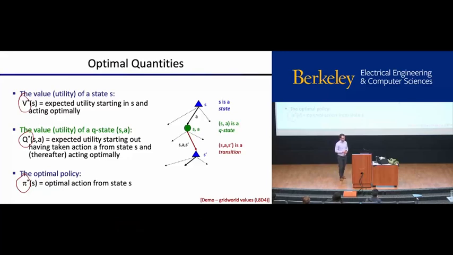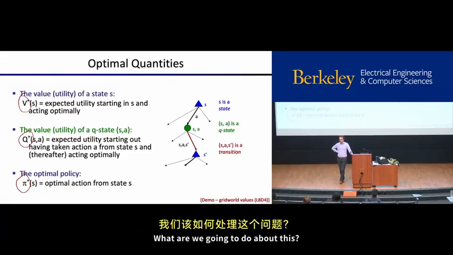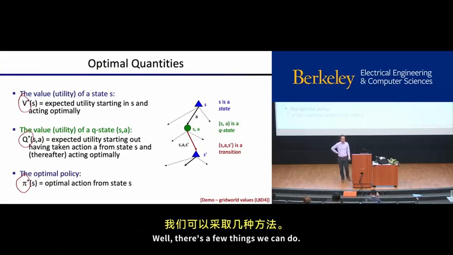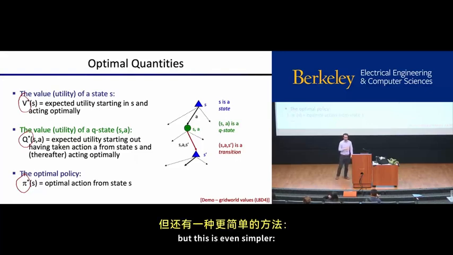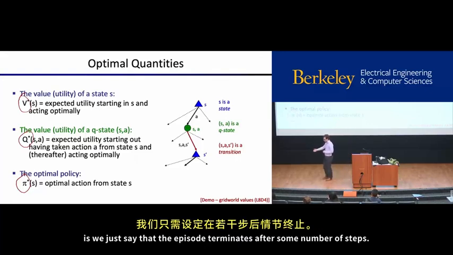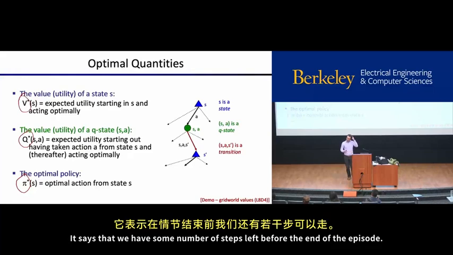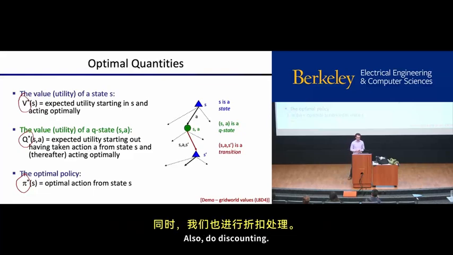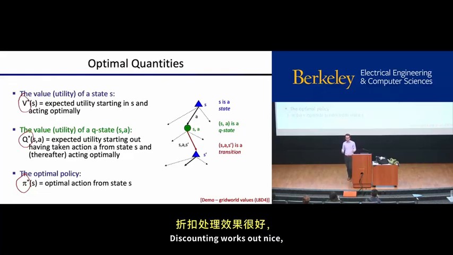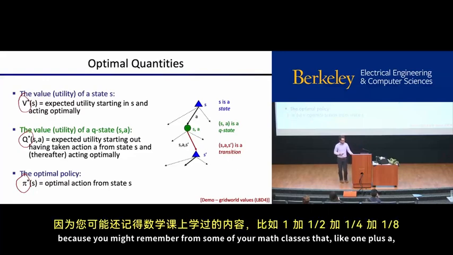The optimal Q value, Q star of S, A, says, first I take action A from state S, and then after the environment goes, I then take all the future action decisions optimally from the S prime and thereafter. Okay, so that's V star and Q star. And then pi star is just a policy that maps from each state to an optimal action. Any optimal action will do. So if there's 2 actions that have the same expected utility, we get to pick.